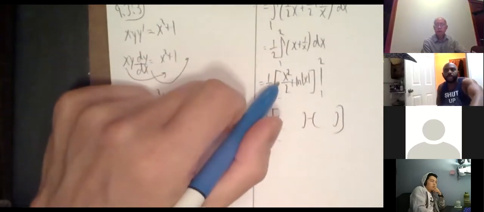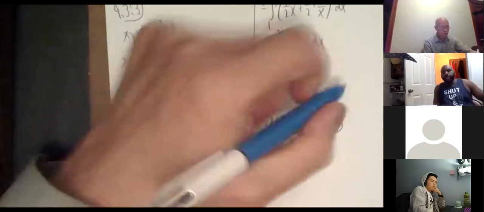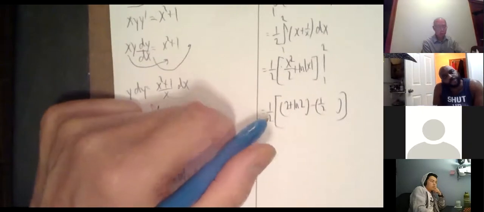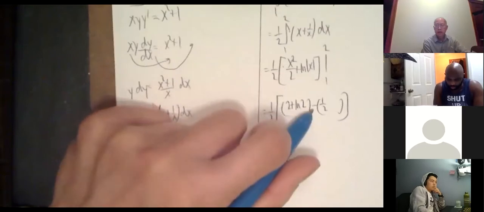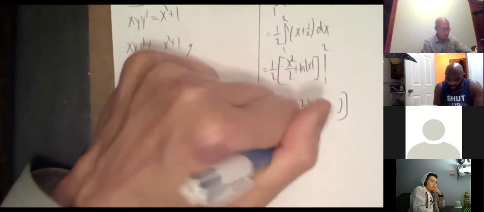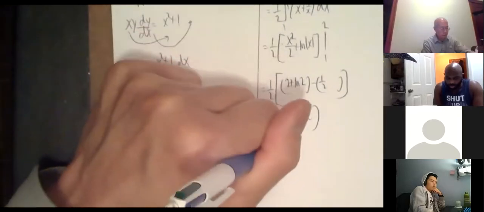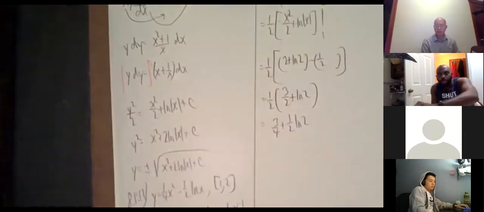Okay, plug in 2. 4 divided by 2 is 2, plus ln absolute value of 2, minus plug in 1: 1/2 plus ln of 1 is 0, so I don't have to write it. So 1/2 of, let's see, 2 minus a half is 3/2 plus ln 2. Yeah, you can leave it like that, or if you want to distribute, you can. 3/4 plus 1/2 ln 2. You can get even fancier, but that's good enough for now.